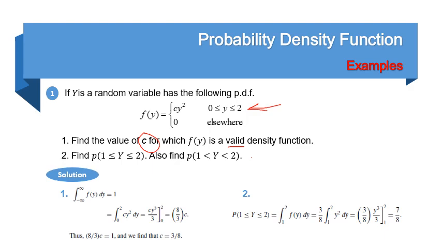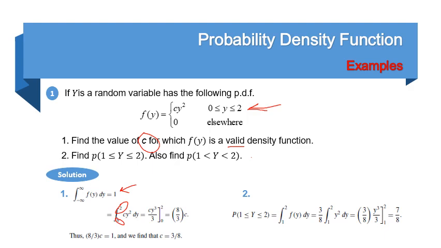Here, we integrate the total area under what we call the probability density function curve, and it has to be 1. And this is easy to do, since if you integrate over the values of your variable from 0 up to 2, we can get the value c by equating this integration to 1.